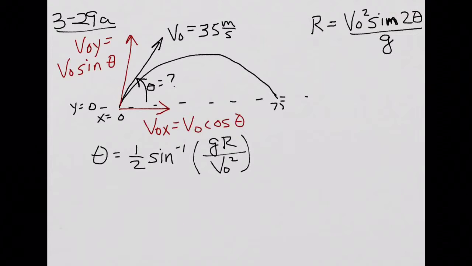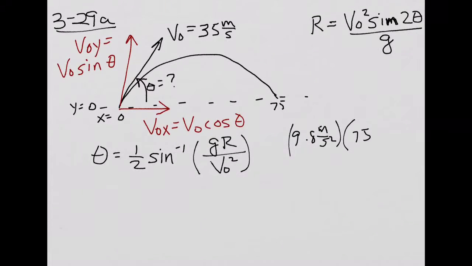Now g times r is 9.8 meters per second squared times the range, 75 meters, and I'm going to divide that by the velocity squared.